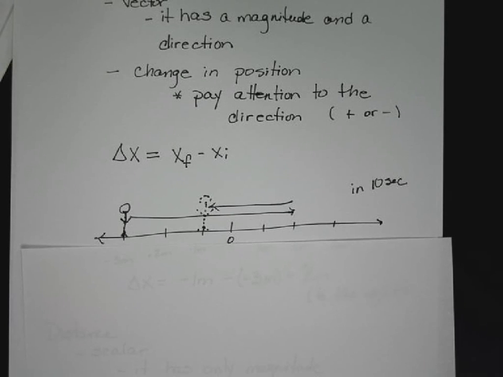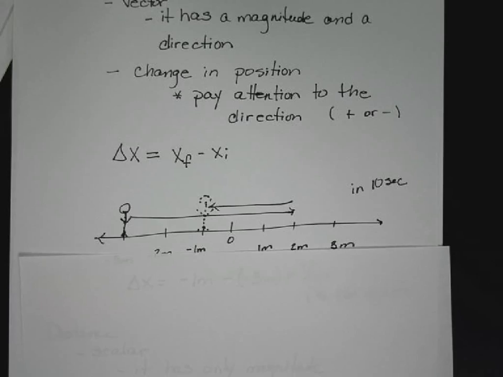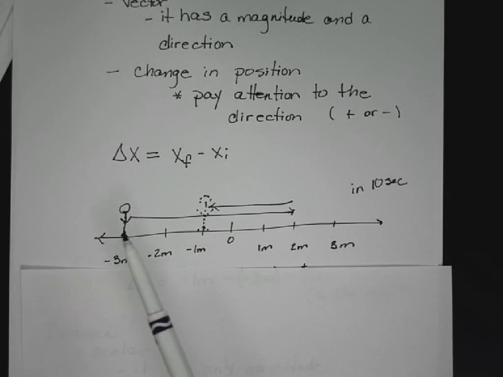I have a rudimentary example right here. It is my stick man, and I put a number line out here just to make sure you can follow along with the example clearly. Let's say my guy starts here at the -3 position. -3 could have been over here, it doesn't matter, but I am defining in this example that -3 is over here.